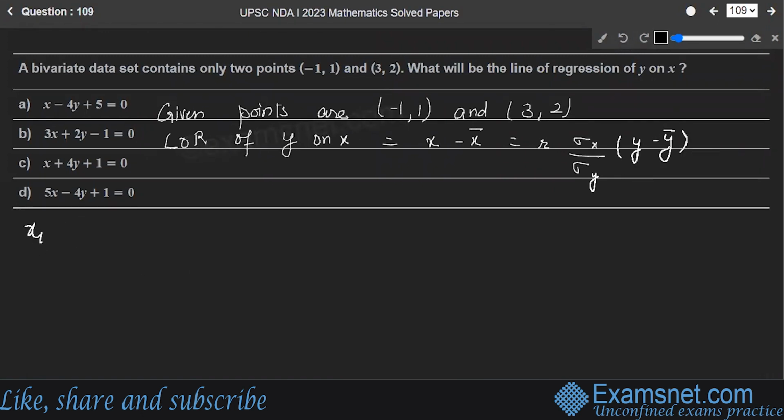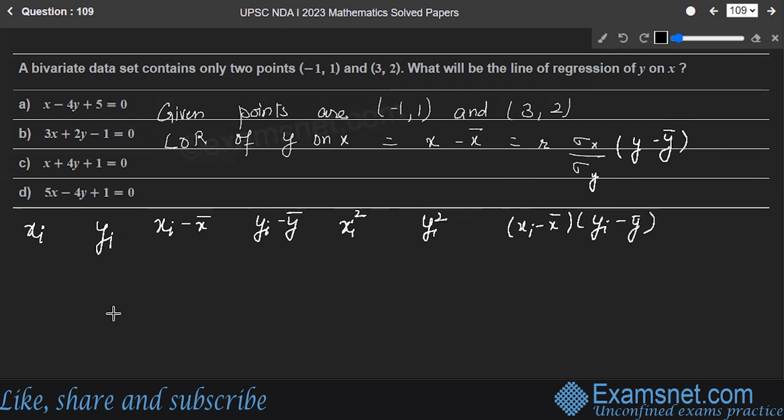Now you have xi, xi minus x bar, yi minus y bar, xi square, yi square, and xi minus x bar times yi minus y bar.